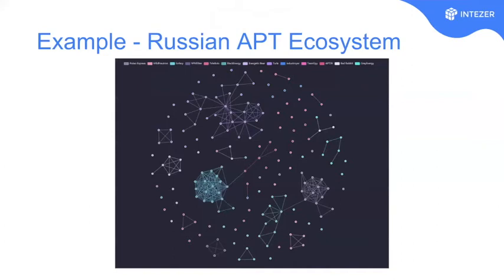By the way, the Russian APT Ecosystem Map is open source, both the raw data and the GUI. We also released YARA rules based on the connections we've detected. So I invite you all to try.